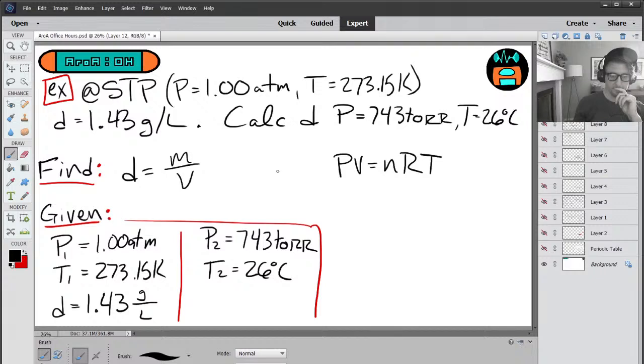You'll notice for both sets of conditions, we know our pressure, we know our temperature, and we know R. Which, looking at this, you might go, well, that still leaves us two unknowns.